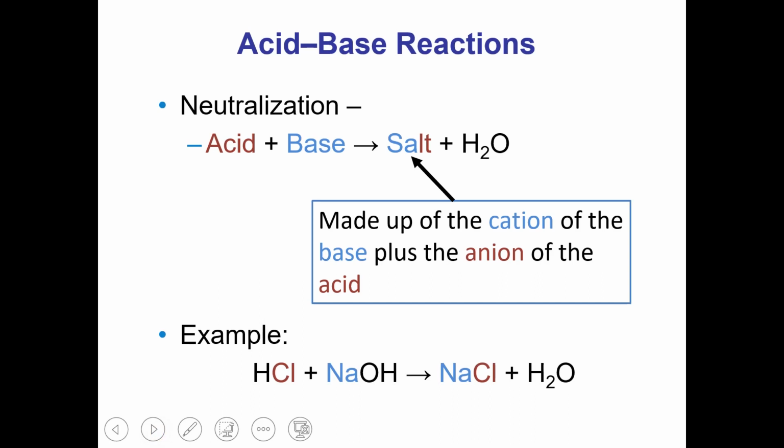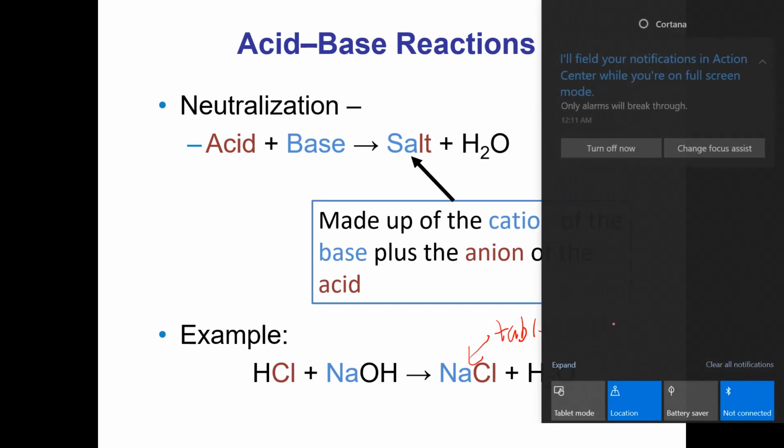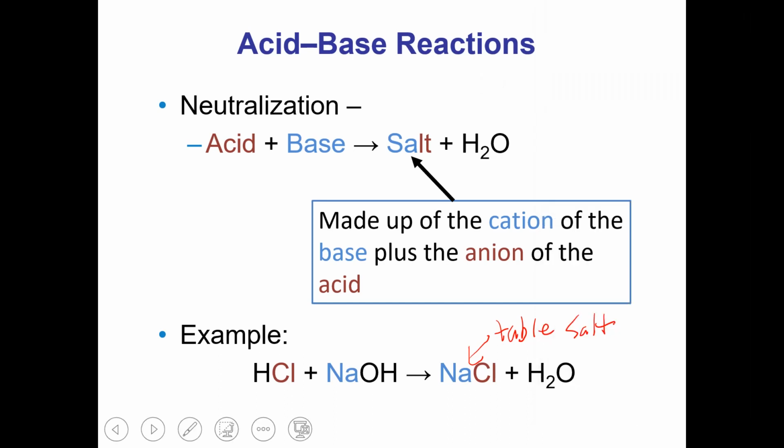So sometimes it can be something like this reaction, where we have hydrochloric acid and sodium hydroxide. We get NaCl, which we probably recognize as table salt, and water. But this is not the only example of a salt.